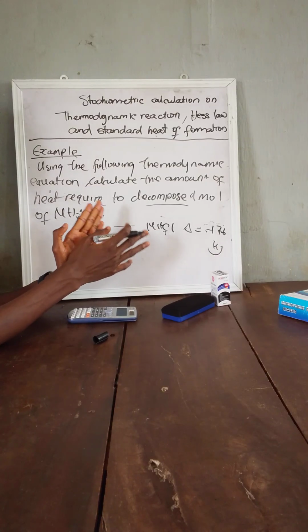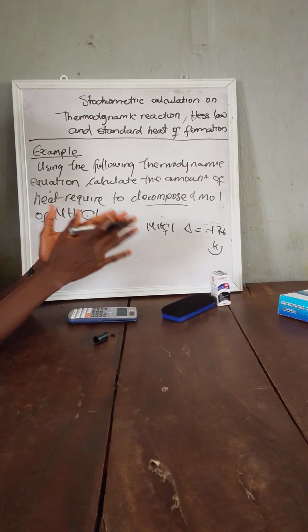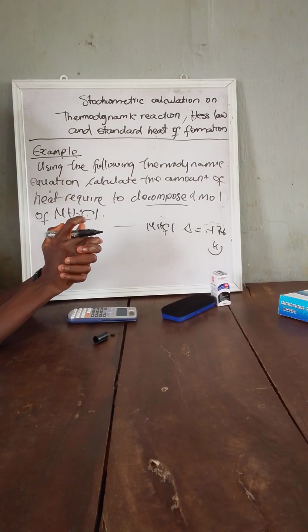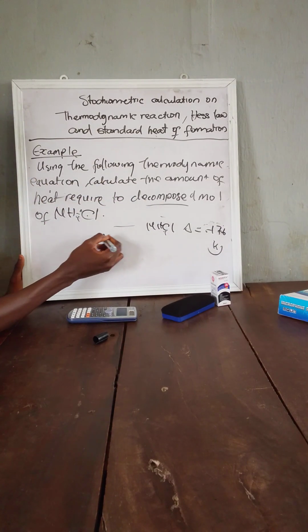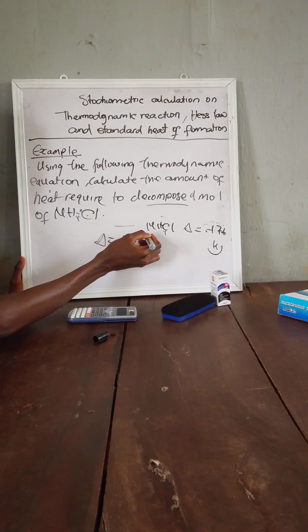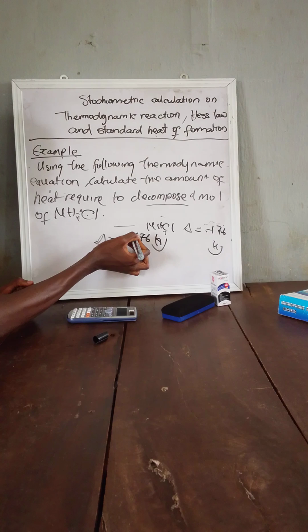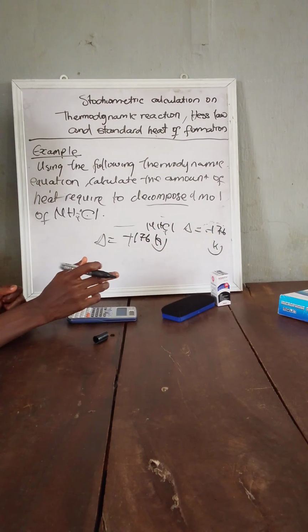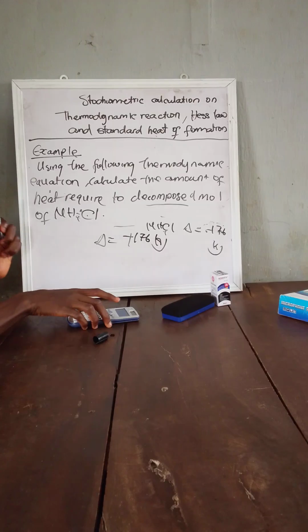But the question says we should calculate the amount of heat required to decompose 4 moles of NH4Cl. So we have to reverse. When we reverse the equation, our delta H will now be plus 176 kilojoules, because initially we have minus, but because we reversed, we now have plus 176.